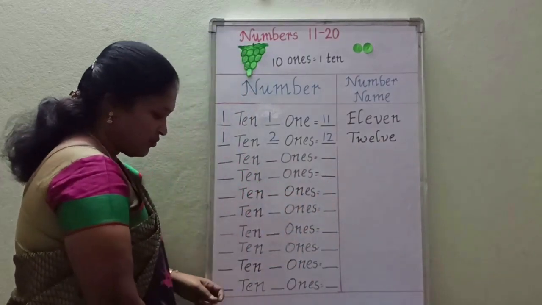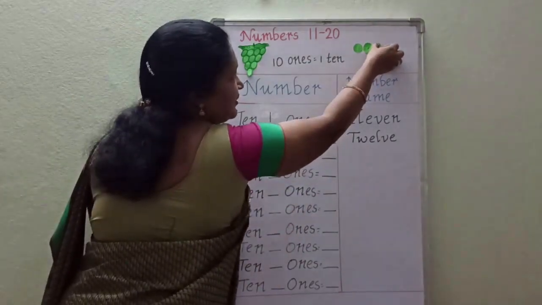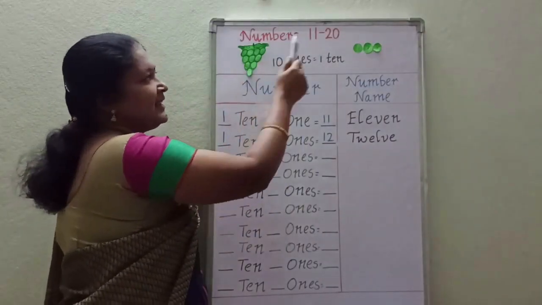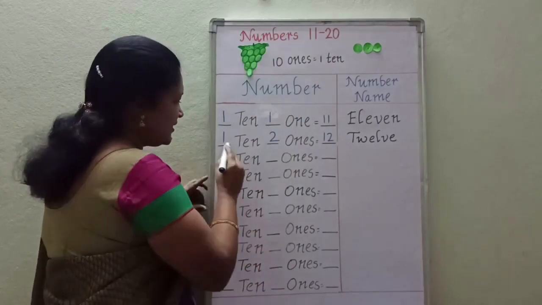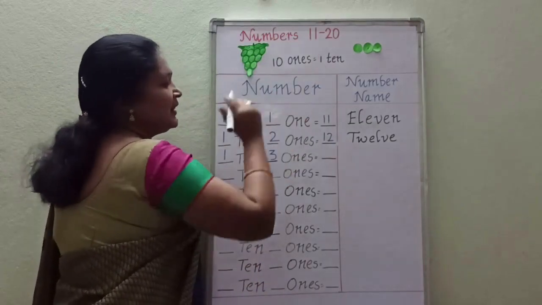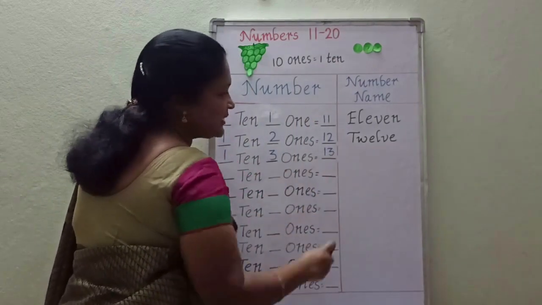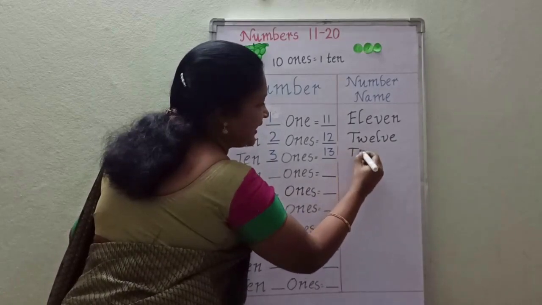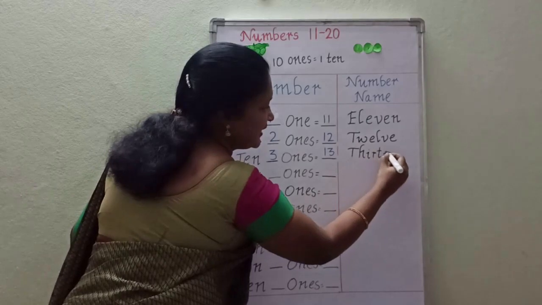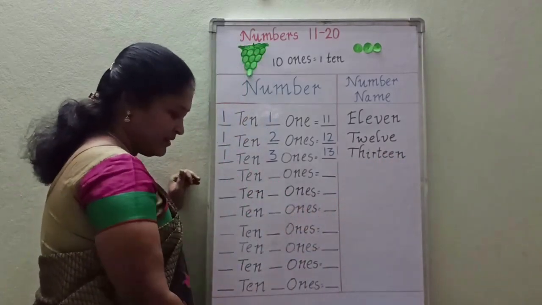And now one more I am adding here. So here 1 ten and 3 ones. So total 13. 1, 3, 13. What is the spelling of 13, children? T H I R T E E N, 13.